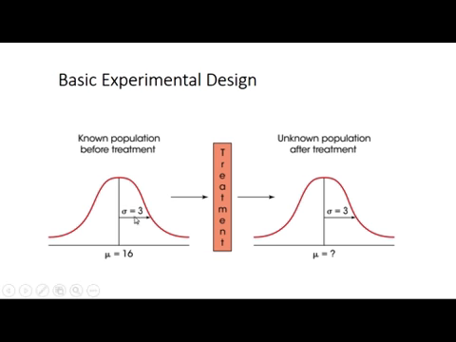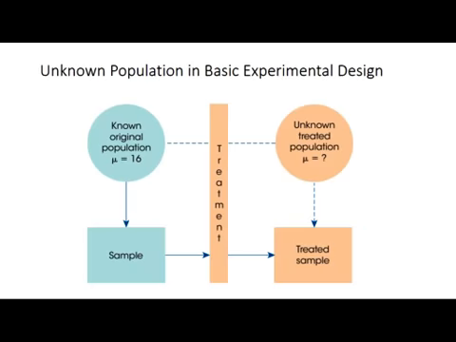As you can see, we have a standard deviation of 3 and a population mean of 16. We have treatment, and then we have a standard deviation of 3, but we don't know what the mean is in this particular population because we can't give treatment to every single person and then determine what that is.